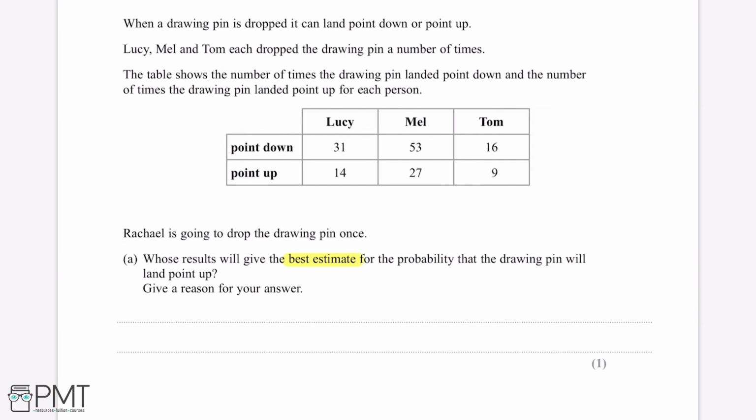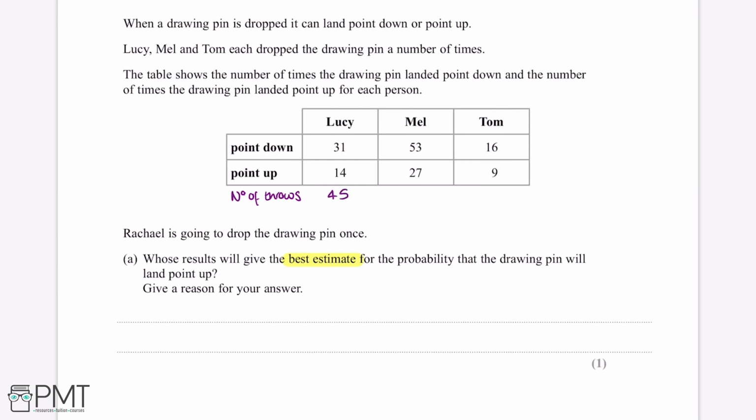So if we start off with Lucy, the pin landed point down 31 times and the pin landed point up 14 times. So the number of throws that Lucy had will be 31 plus 14, which gives us 45.